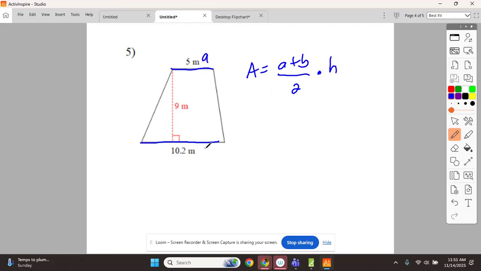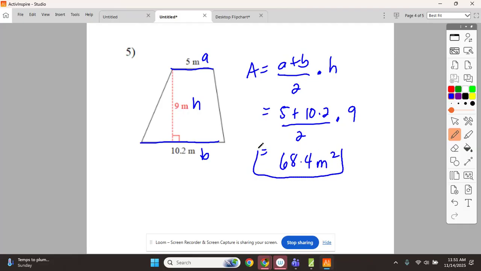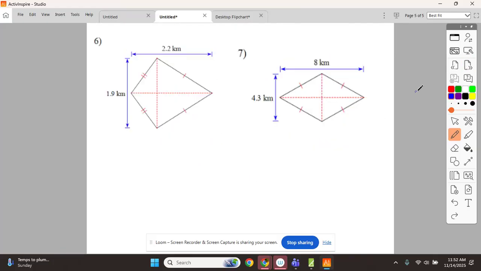So this is the a, that's the b, that's the height. Therefore, 5 plus 10.2 over 2 times 9. So 5 plus 10.2 gives us 15.2, divided by 2 is 7.6, times 9. That gives us 68.4 meters squared. Kaboom.